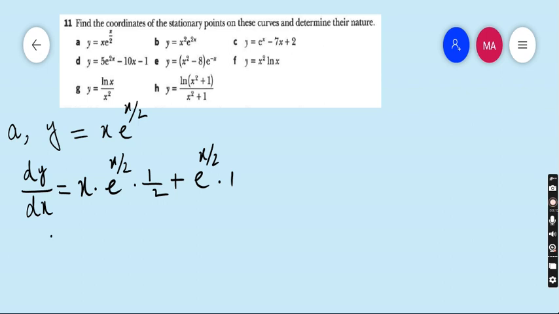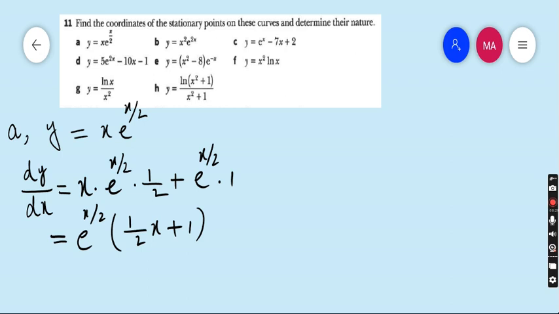Now take common e power x upon 2 from both, so e power x upon 2 times (1 upon 2 x plus 1), this is the factorization.